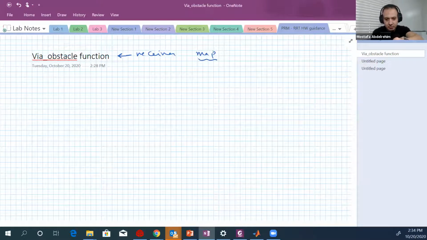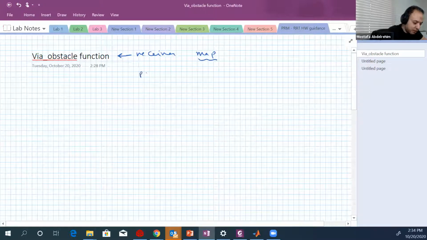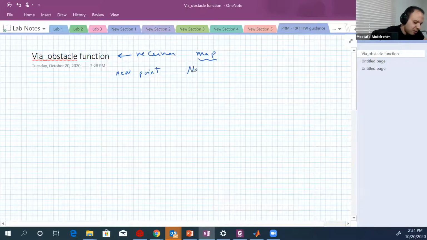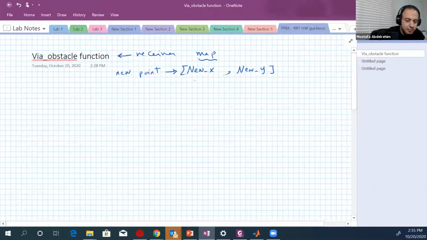It also receives point one, the new node that you generated and are checking around. I'm calling it new X and new Y. These are the coordinates of this node. It also receives the neighbor that we are checking against, not the parent.